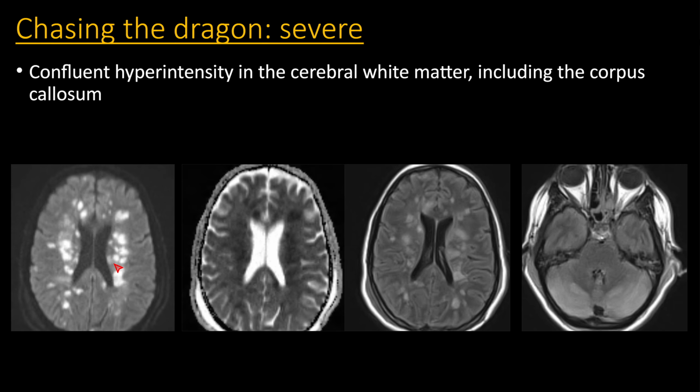So if you see, again, diffusion restriction being a very prominent feature of a white matter abnormality or white matter disease case, toxic metabolic etiologies are a good thing to consider, especially if they're symmetric and pretty confluent and sort of remarkable in their appearance.